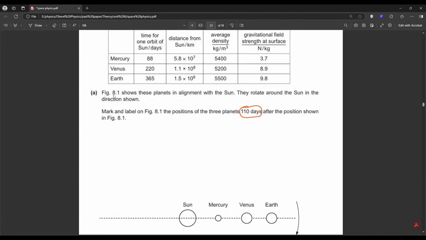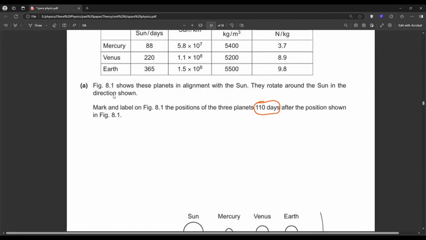So what will we do? First of all, let's consider Mercury. Mercury takes 88 days to complete one orbit, or you can say Mercury takes 88 days to complete 360-degree rotation. How many degrees will Mercury rotate in 110 days?